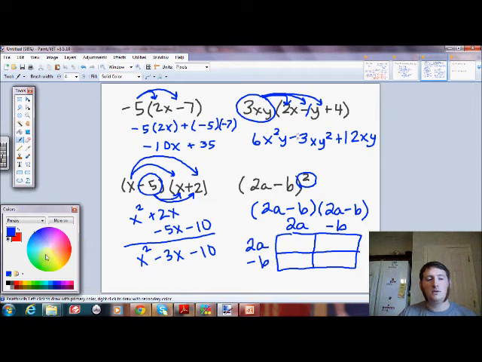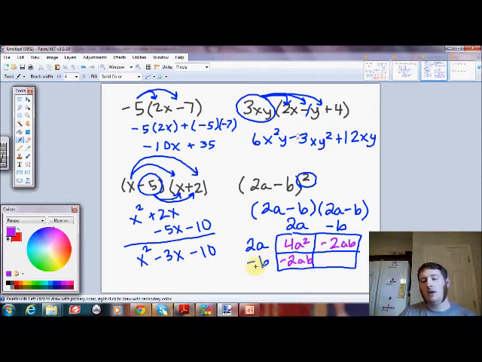Well, 2a times 2a, let me switch to purple or something, because there's a lot of blue here all of a sudden. So 2a times 2a is 4a squared. 2a times negative b, negative 2ab. Negative b, or opposite of b, times 2a is also negative 2ab.